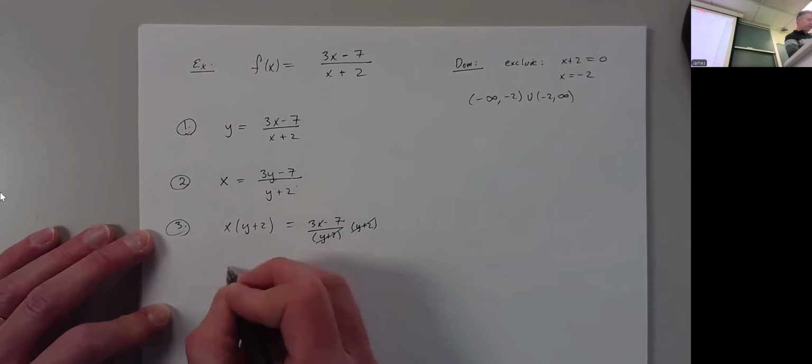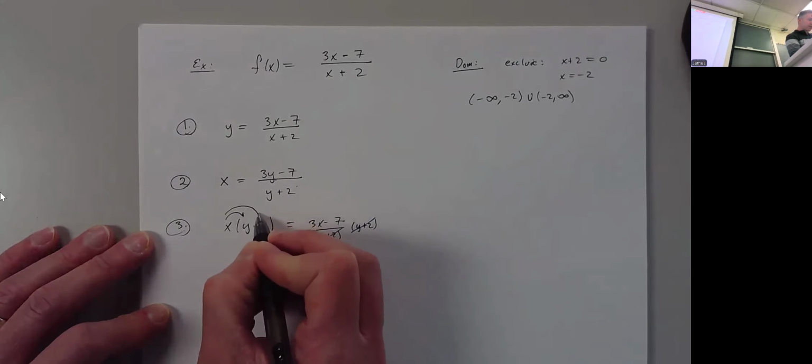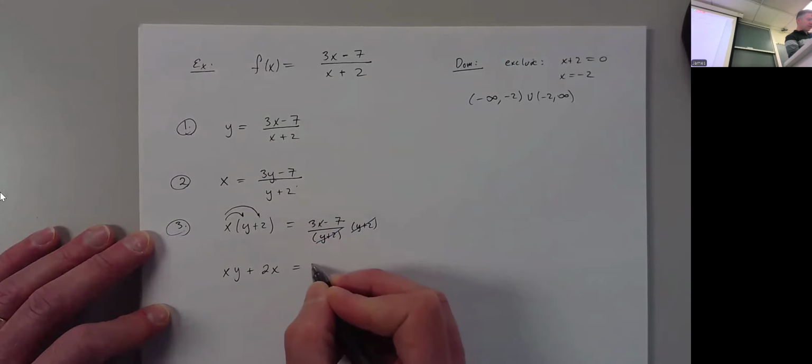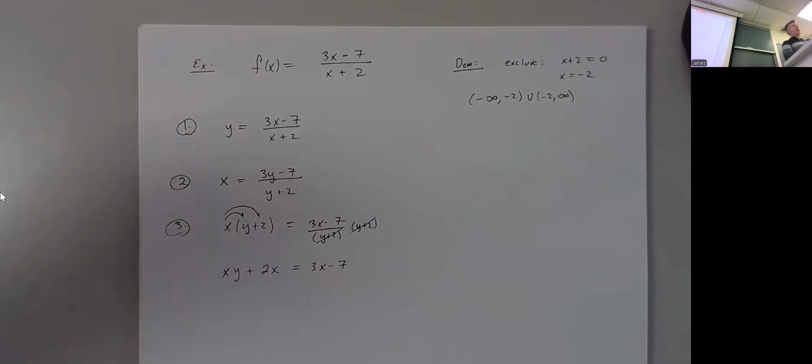So I'm going to distribute here: x times y plus x times 2 equal to 3x minus 7. And now we're going to group all the y terms on one side, sorry, now my brain's like, I made a mistake. You guys know what mistake I made?